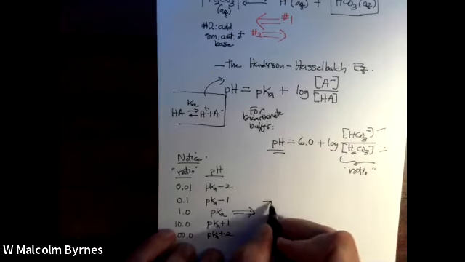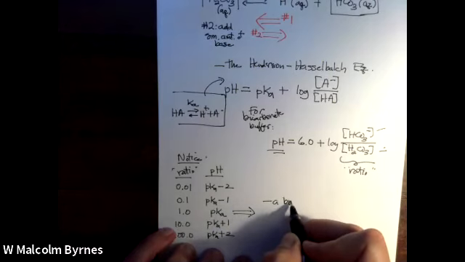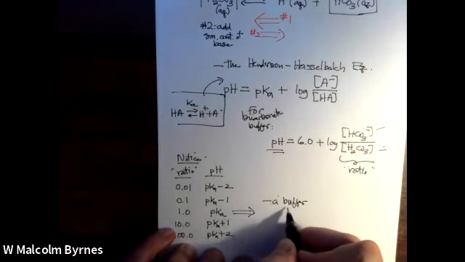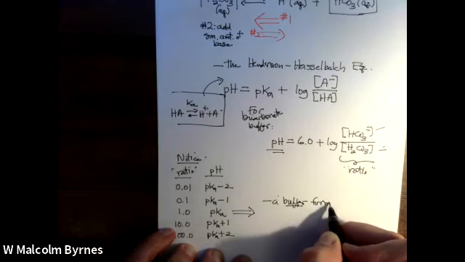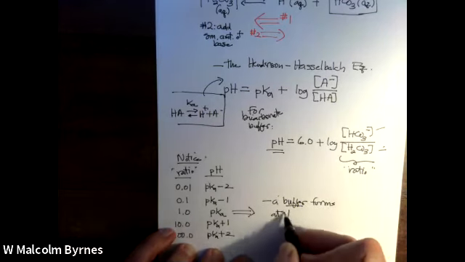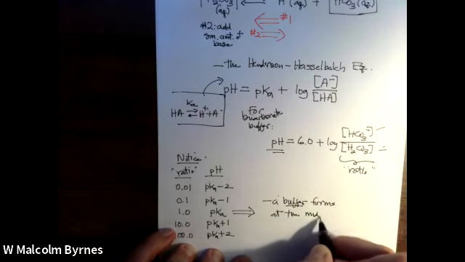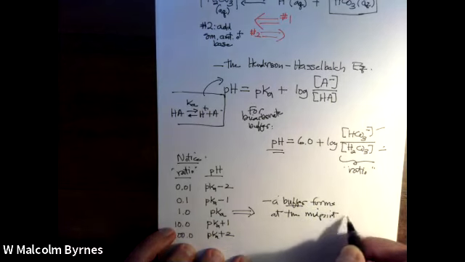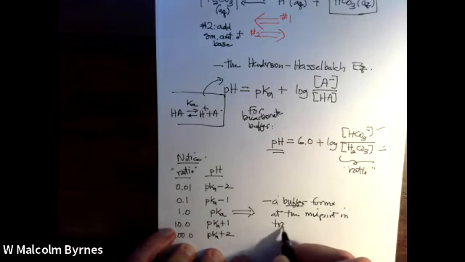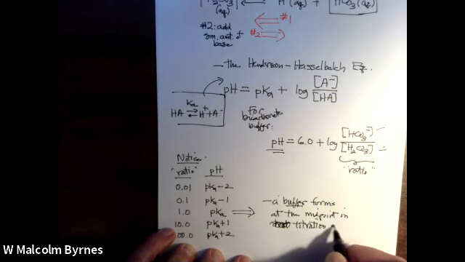So to put it this way, a buffer forms at the midpoint in the titration of a weak acid.